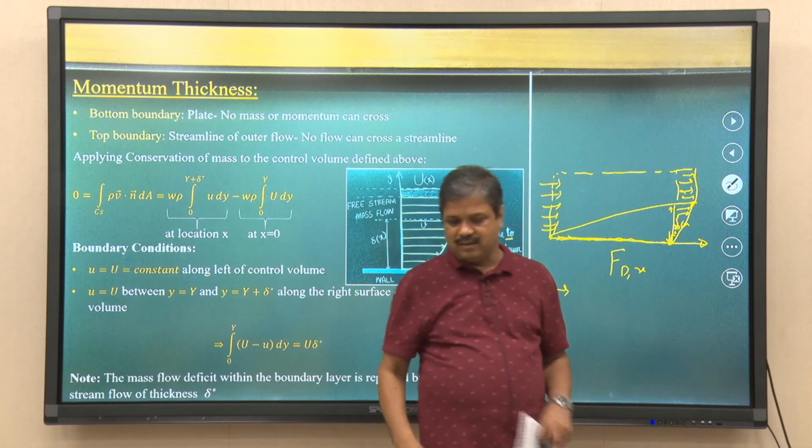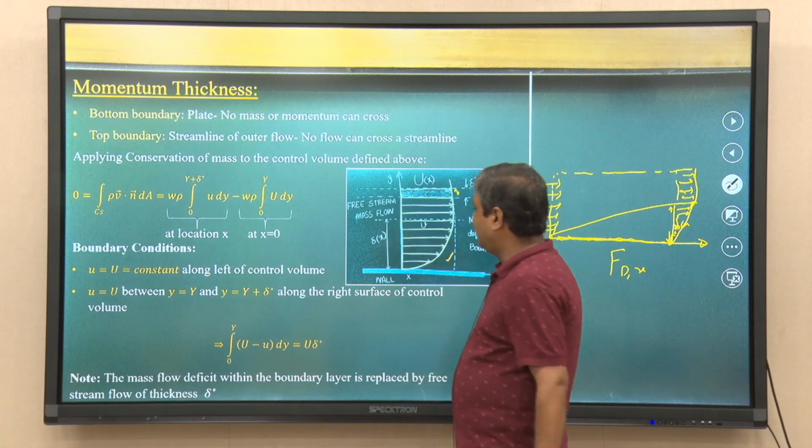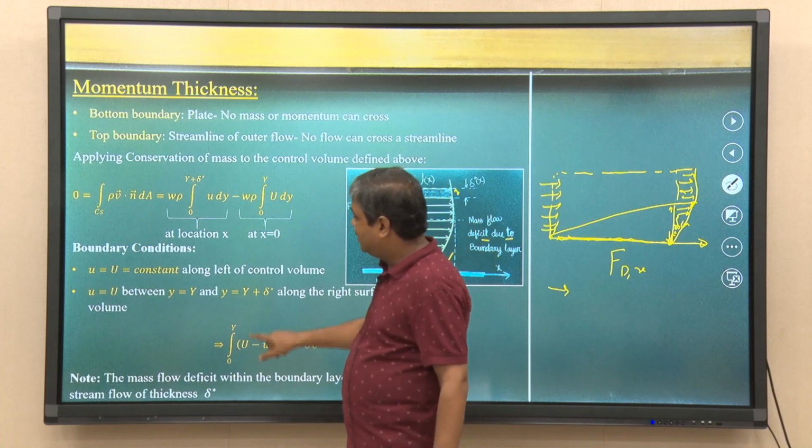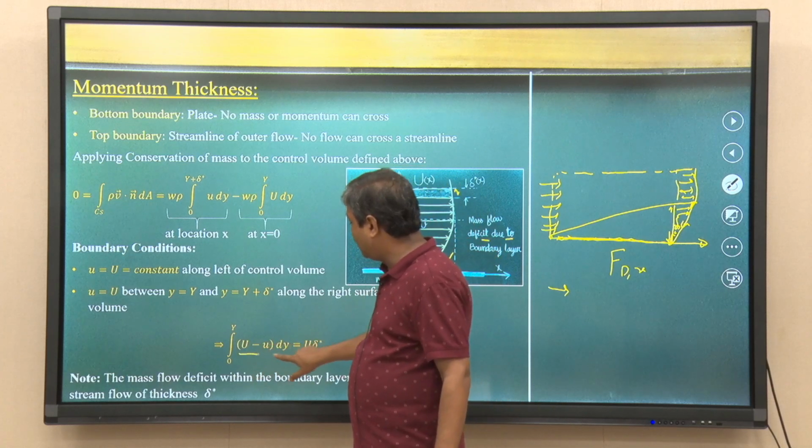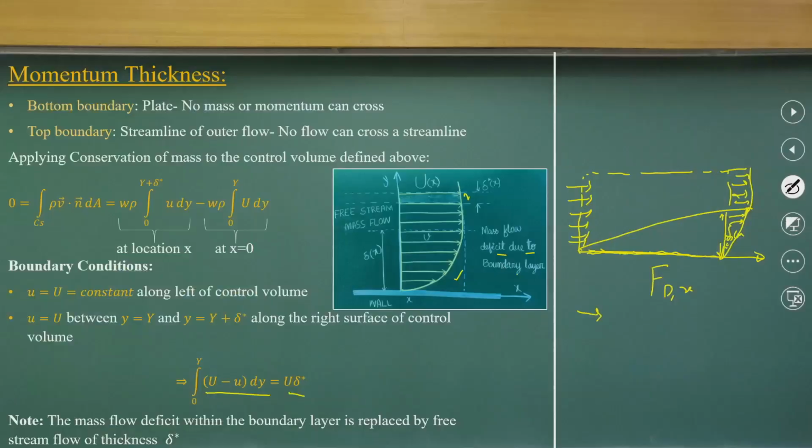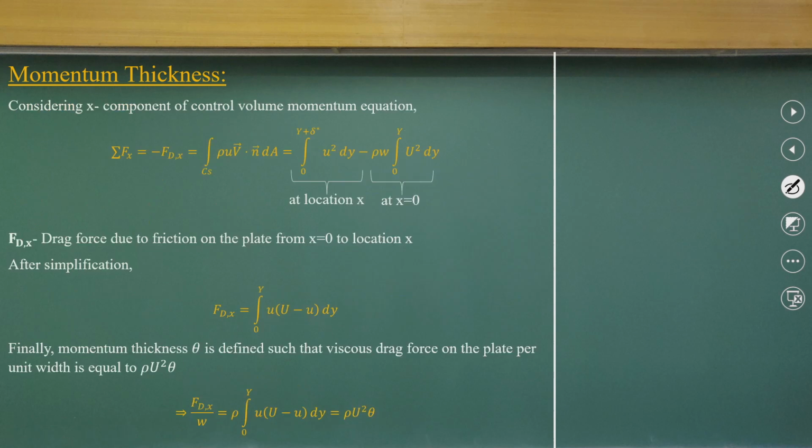As I derived earlier, the same way I can get the mass flux and its relationship with the displacement thickness. I already derived that, so you can see it.